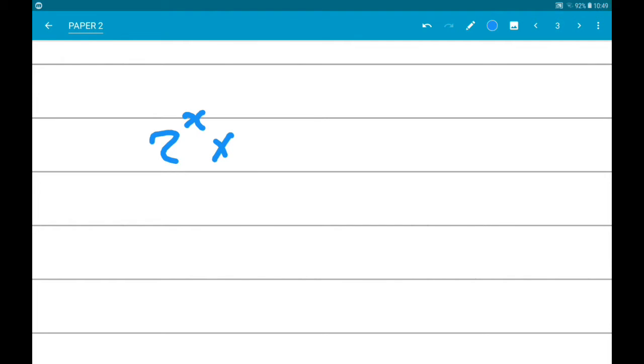Now 4 is 2 squared. So 4 to the y is 2 to the 2y. Now on the right, 1 over 2 root 2 is 2 to the minus 3 halves. Okay, so now the indices on the left must be equal to minus 3 halves.